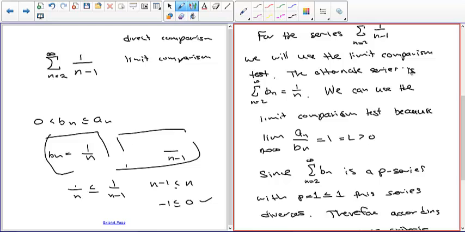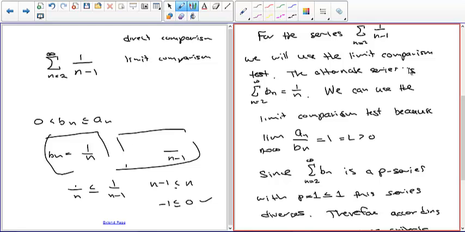Okay. The alternative series is the summation from n equals 2 to infinity of b sub n, which is equal to 1 over n. We can use the limit comparison test because the limit of the ratio of a sub n over b sub n as n goes to infinity equals 1, which is a finite number greater than 0.